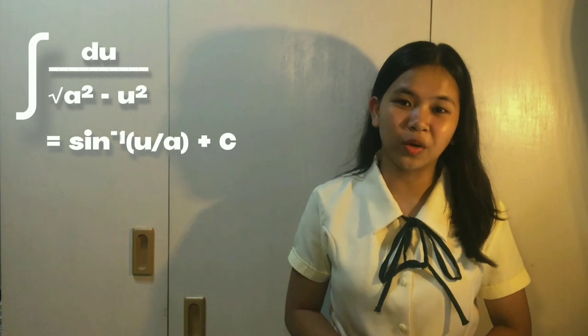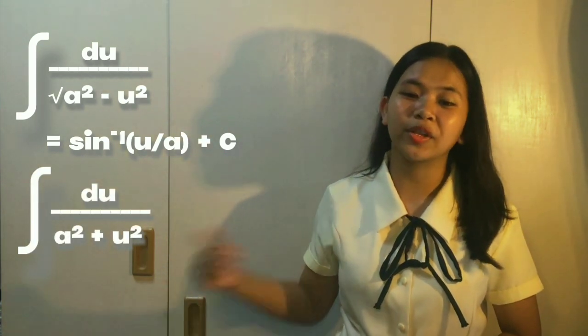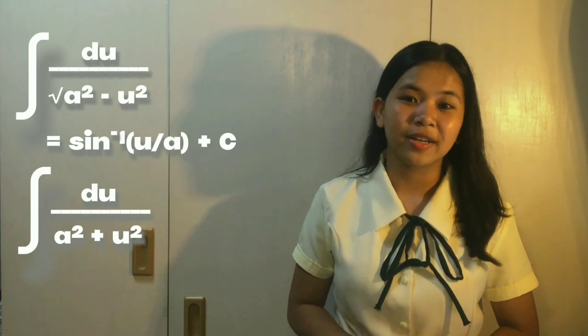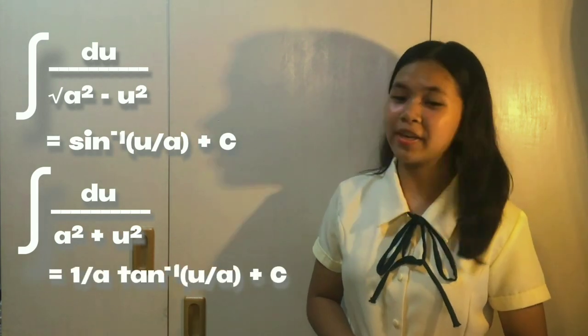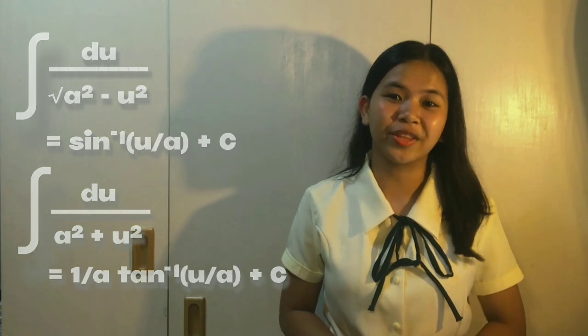And then the second one is the integral of du all over a squared plus u squared is equal to 1 all over a arctan u over a plus c, or the constant. So now, let's move on to our examples.